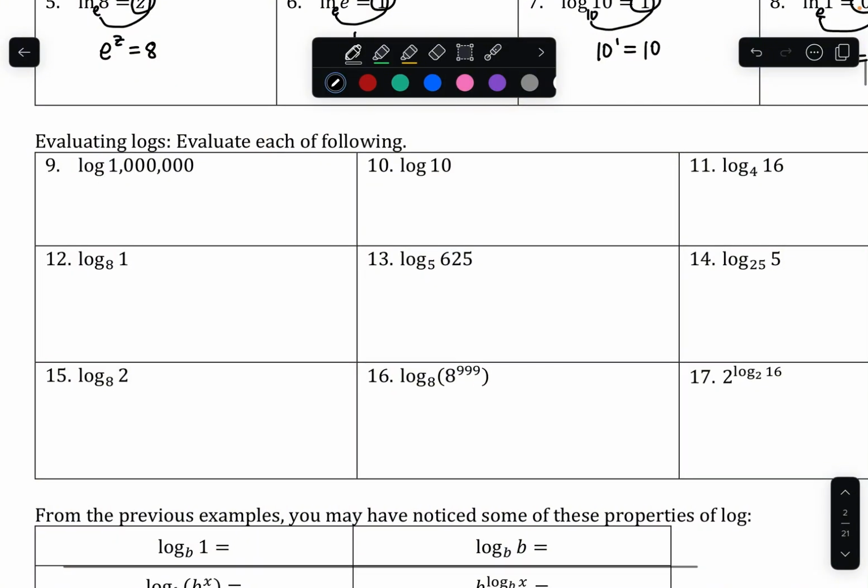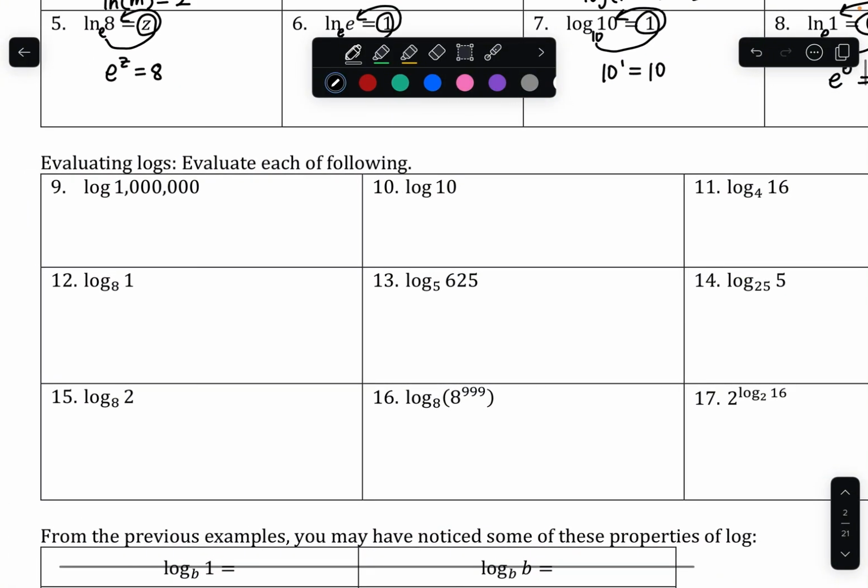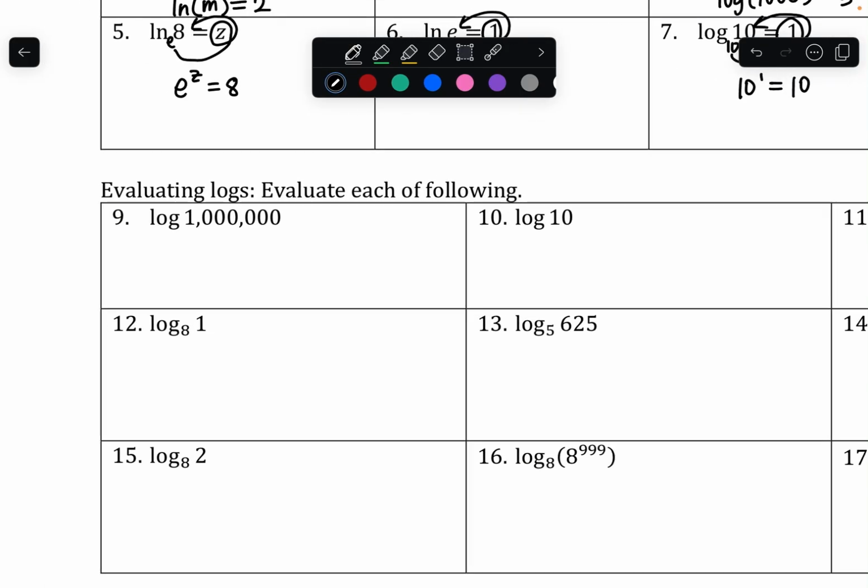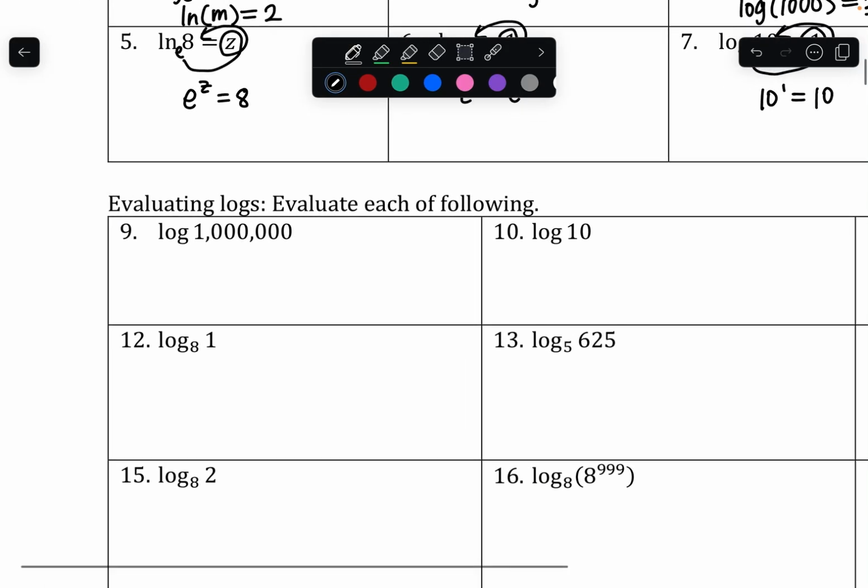Okay, so next, now that we know how to convert, we're going to talk about how to evaluate these logs without a calculator. Okay, and so here, I like to put either a box or an n, some kind of variable. We're trying to figure out log base 10. There's no subscript, so I'm going to write it in. We're trying to figure out log base 10 of 1 million.